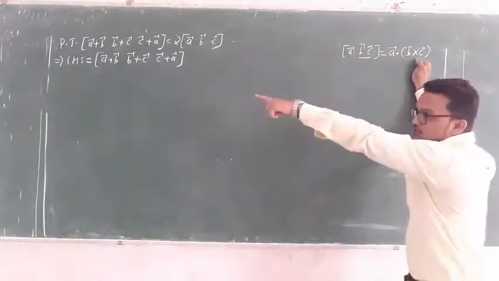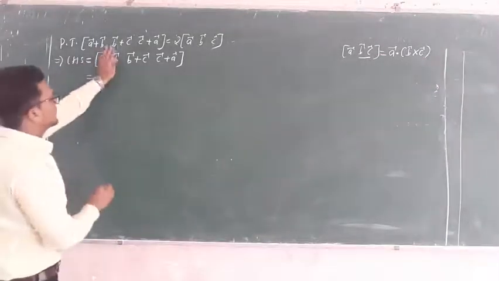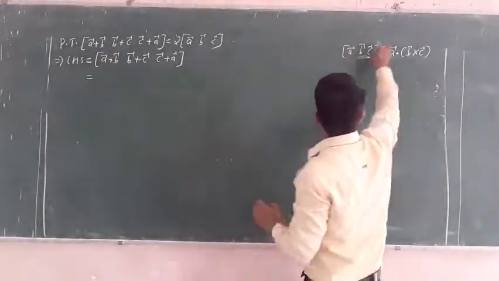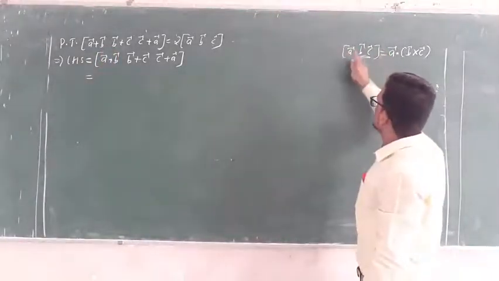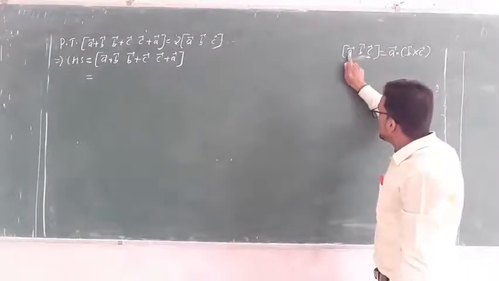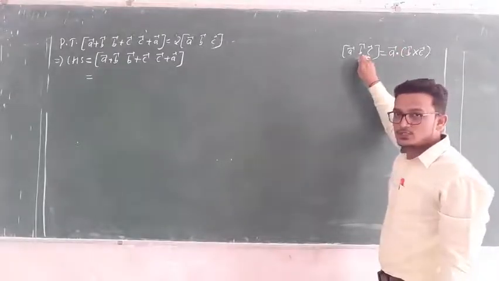The same definition you have to apply here now. If it is in the square bracket A, B, C, then the first term I keep as it is, dot the cross product of the next two terms.